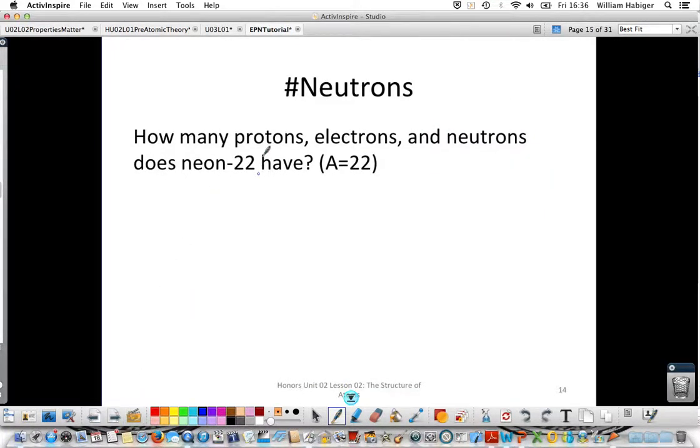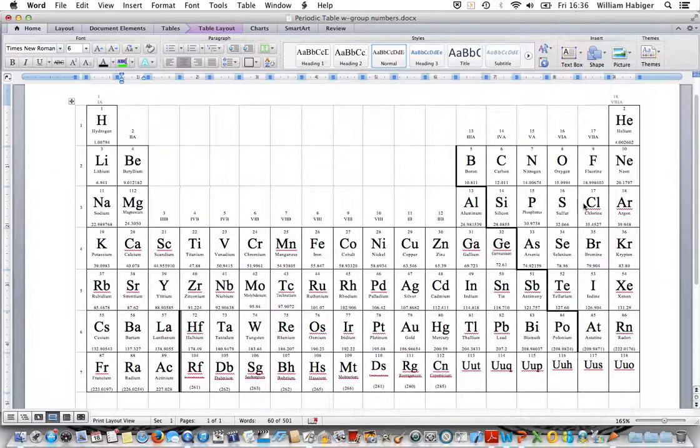Let's look at another example, another isotope in hyphen notation. Remember, hyphen notation is the element, hyphen, the mass number. So we know that it has a total of 22 protons and neutrons together. To find the protons, we look it up on the periodic table. Neon has 10 protons.